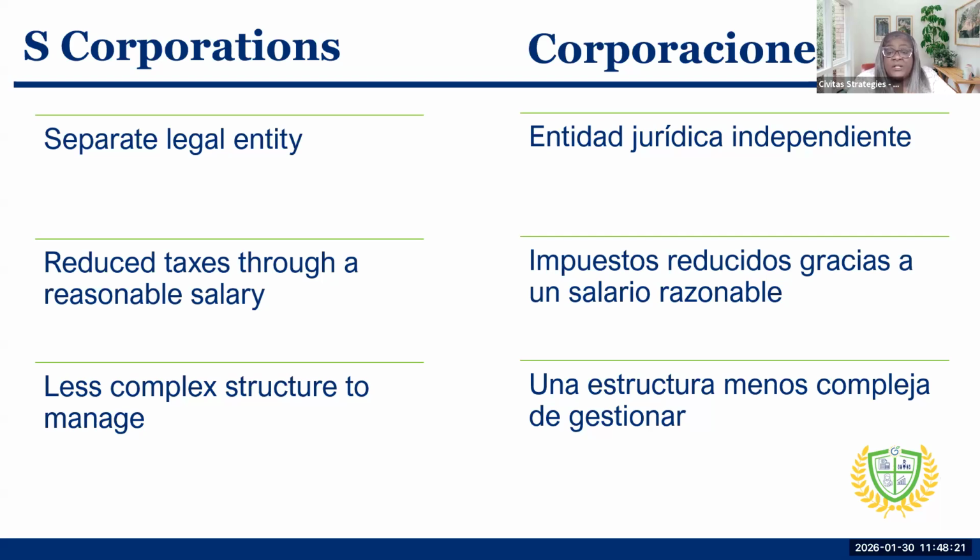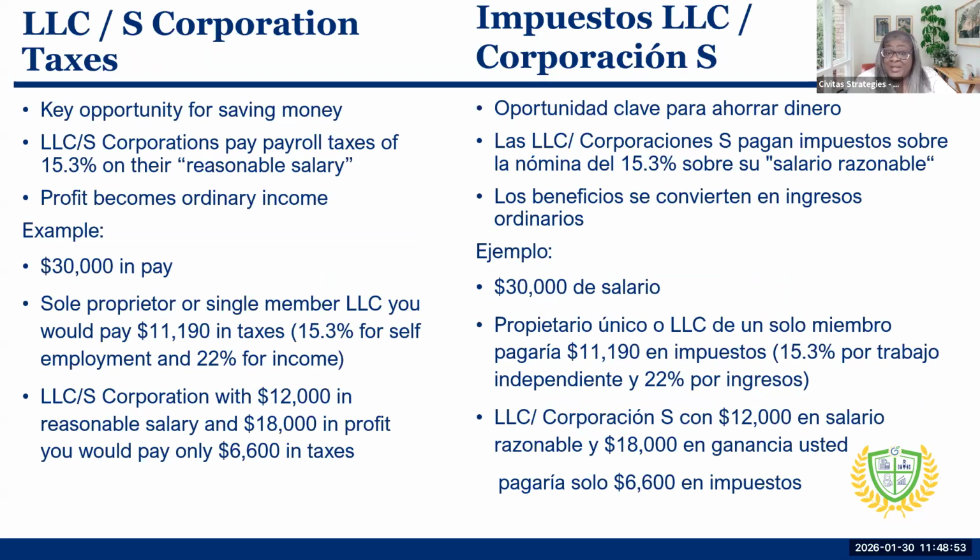So basically, the owners do not pay self-employment taxes on all the profits. So it is a much less complex structure and easier to manage than a C corporation. We do tend to see a lot more of our businesses in early care and education structure themselves as an S corporation. Now, there is an alternative to that as well, which we will talk about right now.